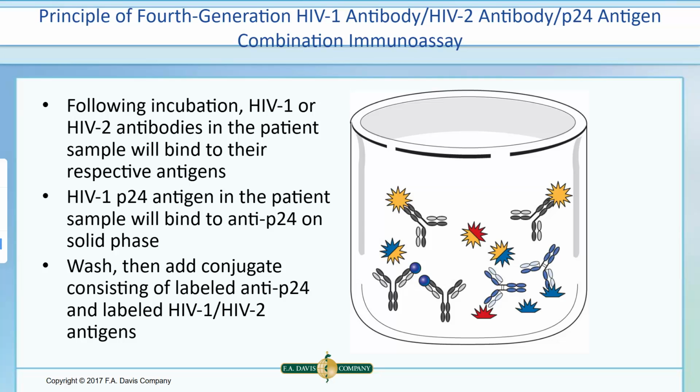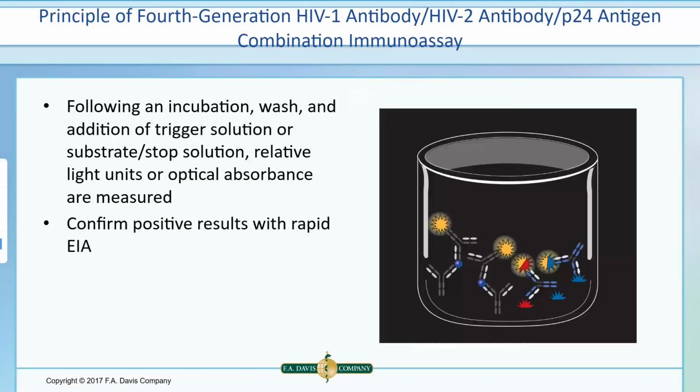HIV-1 P24 antigen in the patient sample will bind to anti-P24 on the solid phase. Wash, then add conjugate consisting of labeled anti-P24 and labeled HIV-1 and HIV-2 antigens. Following an incubation, wash and add a trigger solution or substrate stop solution. Relative light units or optical absorbance are measured, and positive results are confirmed with a rapid EIA.